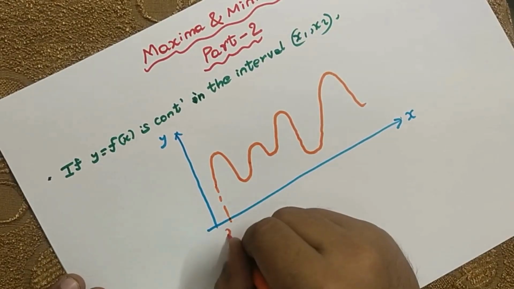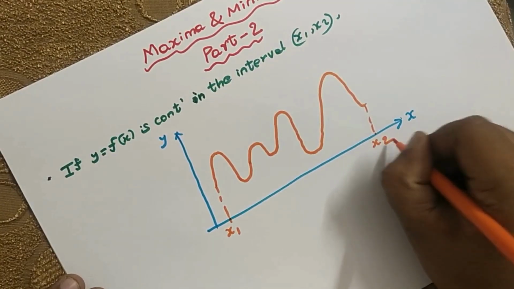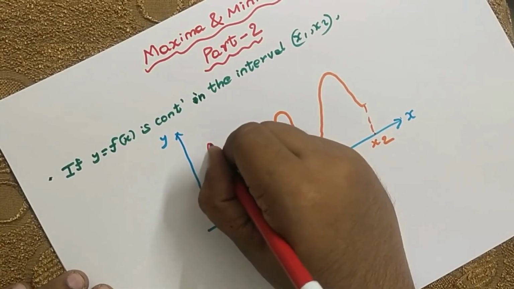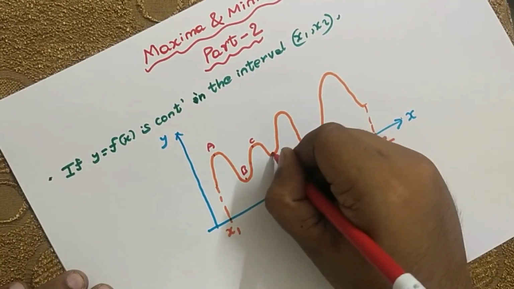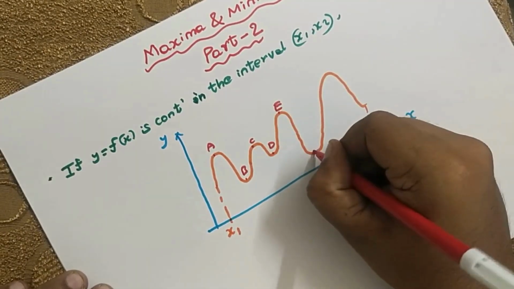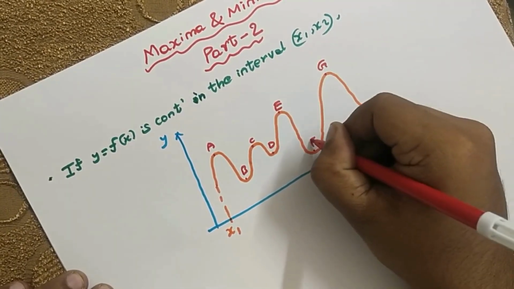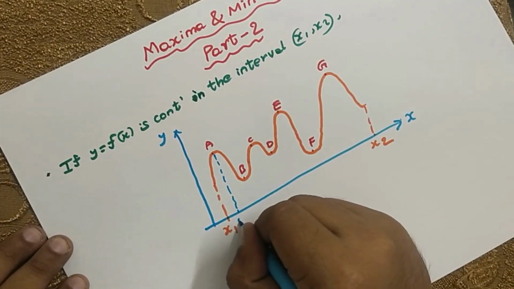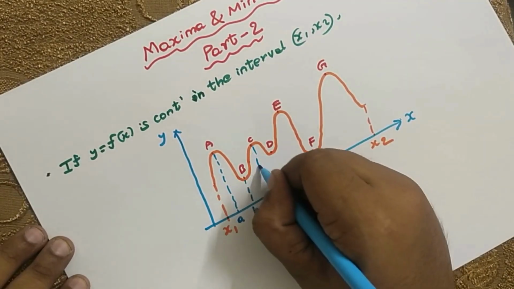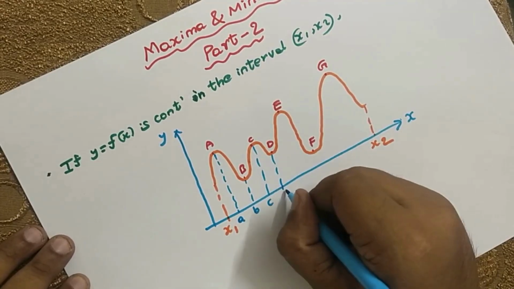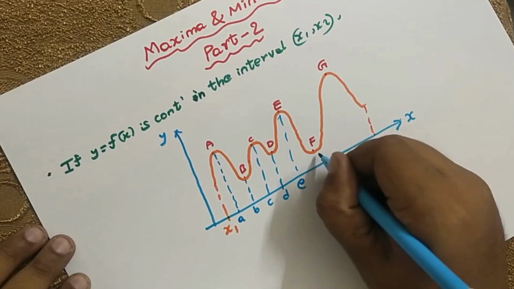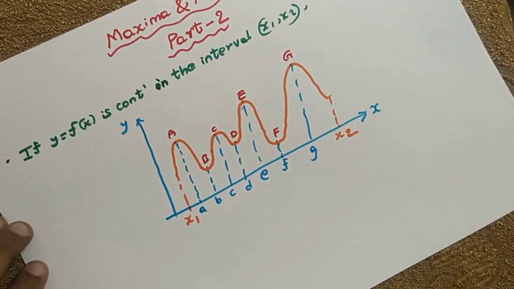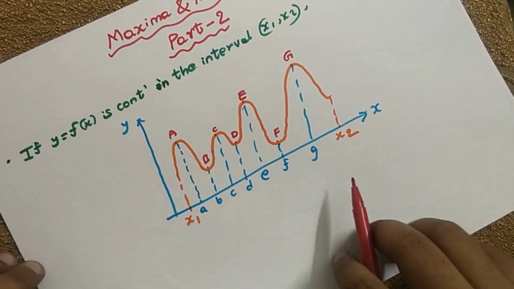Let's take this as x1 and this as x2, and let's take these points as a, b, c, d, e, f and g. All right, let's define some terminologies.